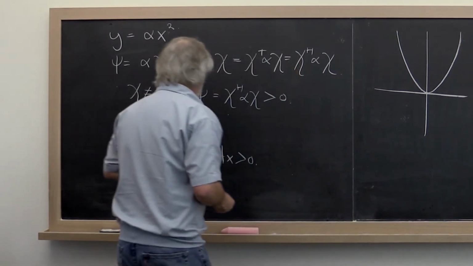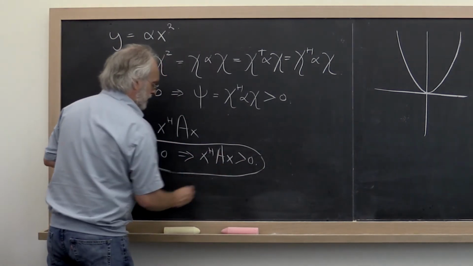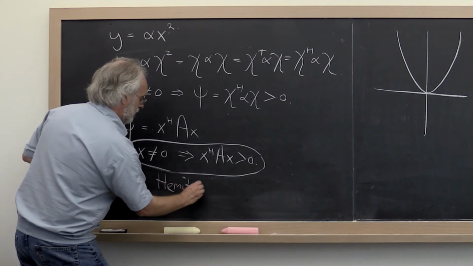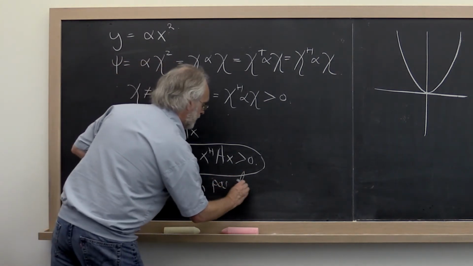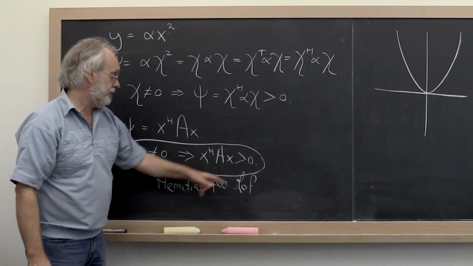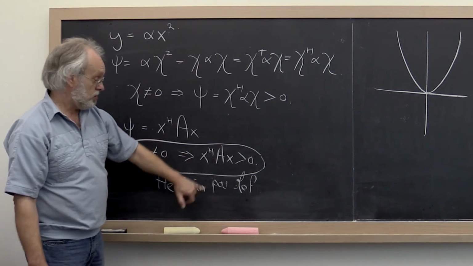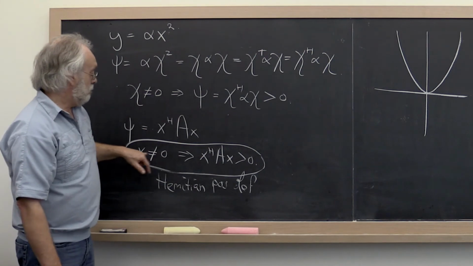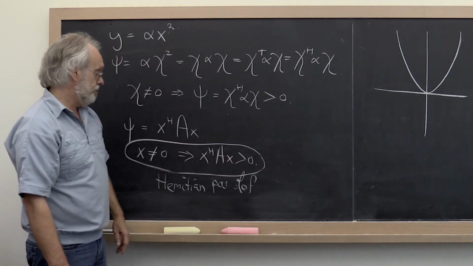Okay? So it turns out that if a matrix has this property, and this property here is known as being Hermitian positive definite, and the real valued equivalent to that is symmetric positive definite, A has to be Hermitian, or symmetric in the real valued case, and then x not being 0 has to imply that x Hermitian A x is greater than 0.